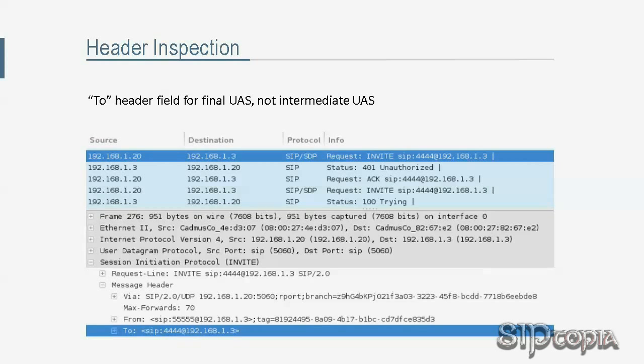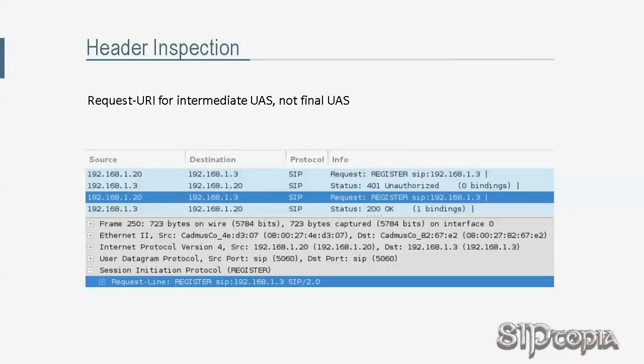The ultimate target UAS is the one who has to understand the URI scheme. Same principle applies to the user portion of the URI in the To header field. It may not be known to this intermediate UAS, but the ultimate target UAS is the one who will be responsible for making a decision based on the To header field value.